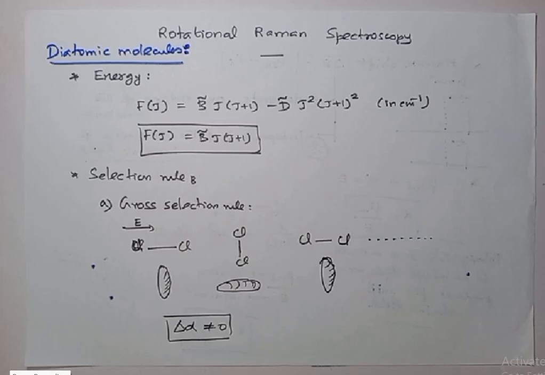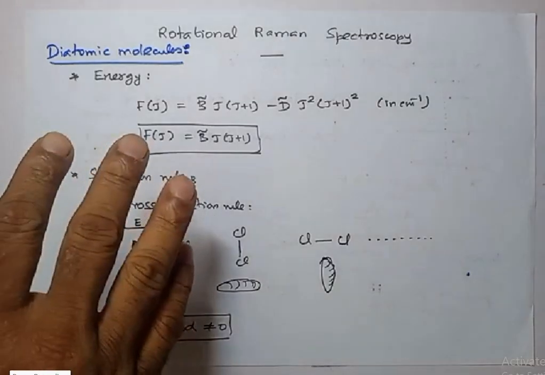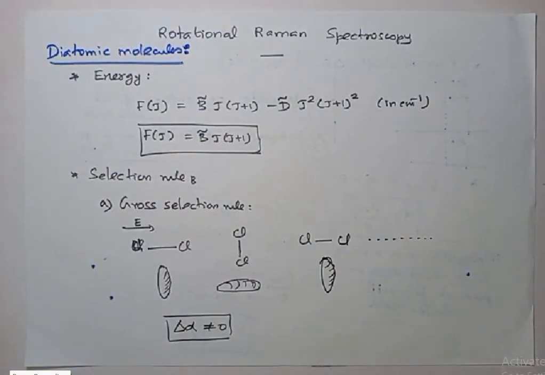But heterodiatomic molecules are also active in microwave. So usually for heterodiatomic molecules we use microwave spectroscopy, and for homodiatomic molecules we use rotational Raman spectroscopy. So this is the main information regarding the homodiatomic molecule and the rotation spectrum.